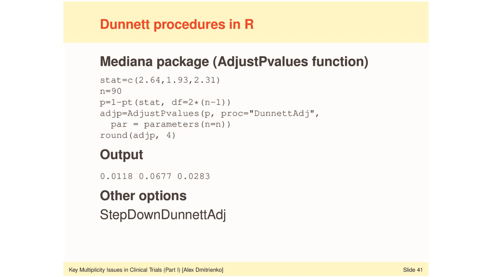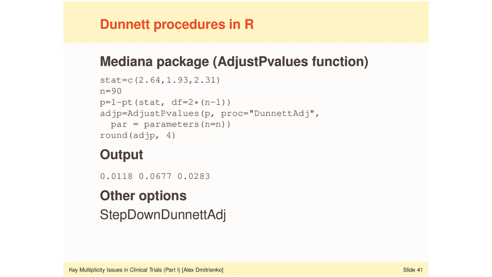The proc parameter is set to DunnettAdj, and again the suffix Adj indicates that this is a function that performs a multiplicity adjustment. And finally, the optional parameter par is used to specify the common sample size per arm, n is equal to 90 in this particular case. This results in the same set of multiplicity adjusted p-values as before.